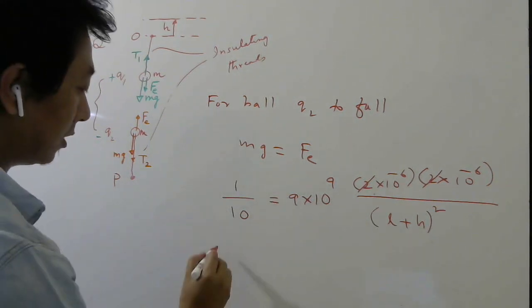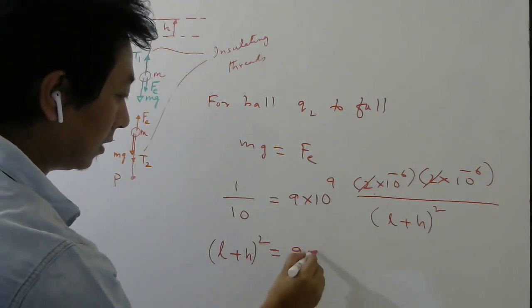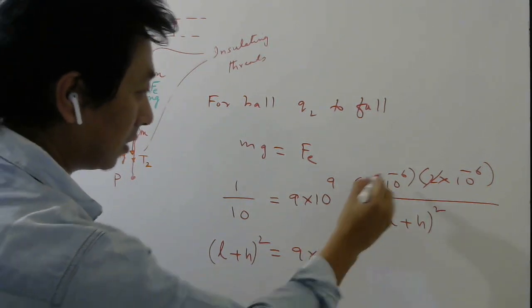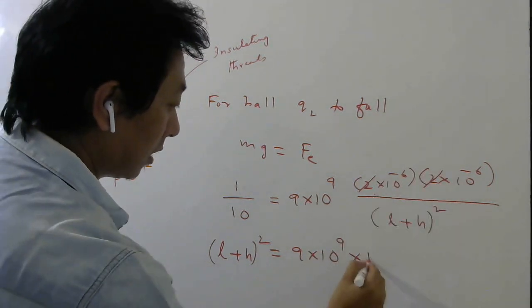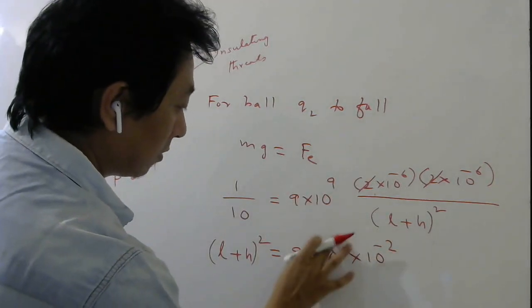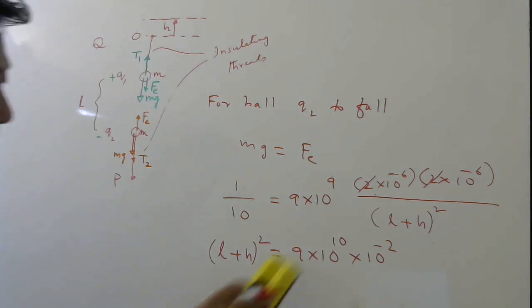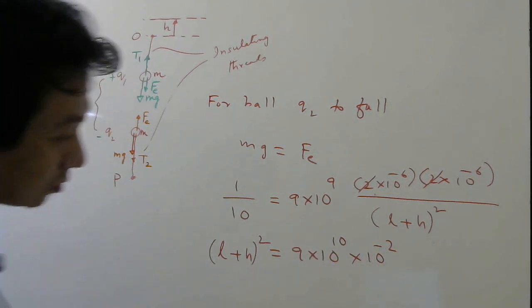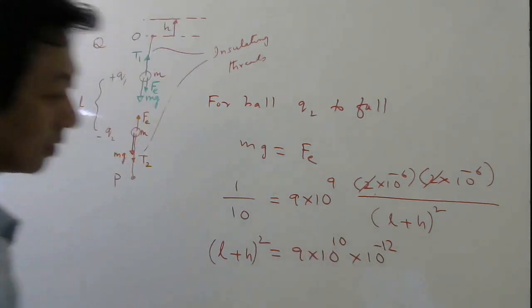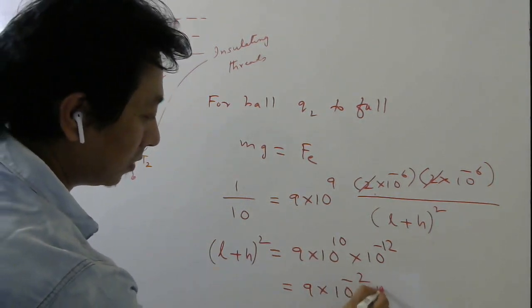So if you cross multiply, L plus h whole square will be 9 into 10 to the power 9 into 10 to the power minus 12, and this cross multiplied by 10, which means this will become 10. So this will become 10 power 10 into 10 power minus 12. That will be how much? 9 into 10 power minus 2 meter.